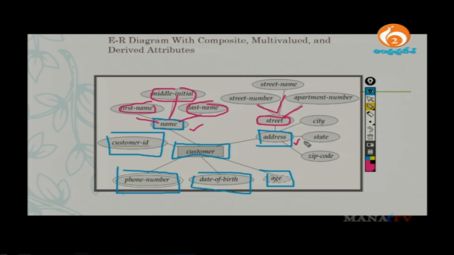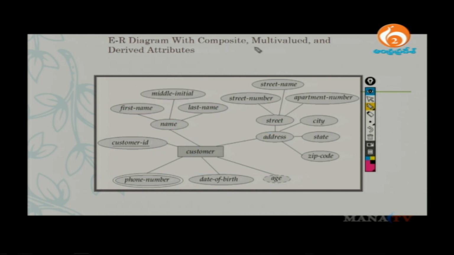So this will be multi-valued, this will be derived, and the remaining ones will be considered composite. Did you understand this? Yes. Now, let me quickly repeat this.